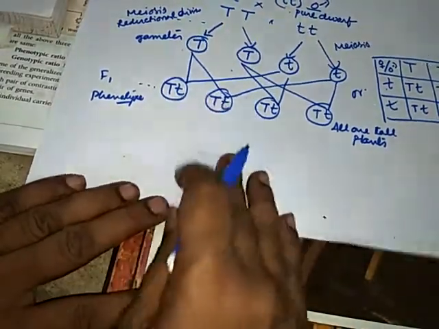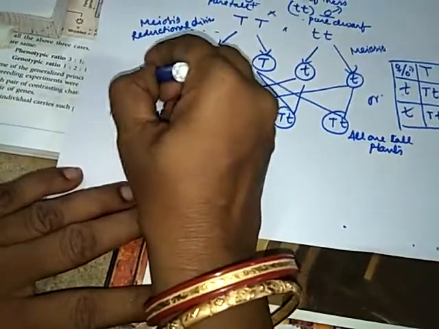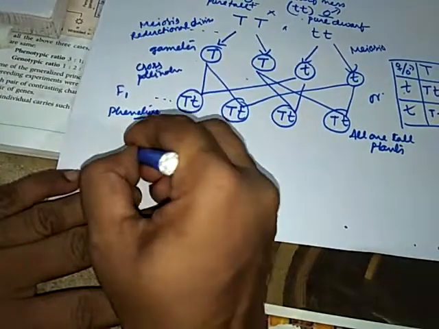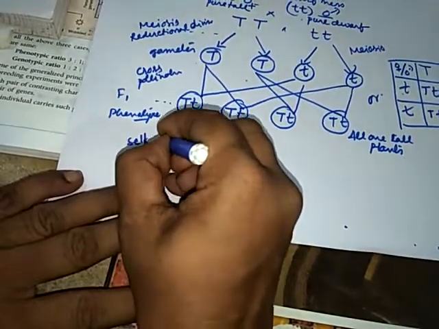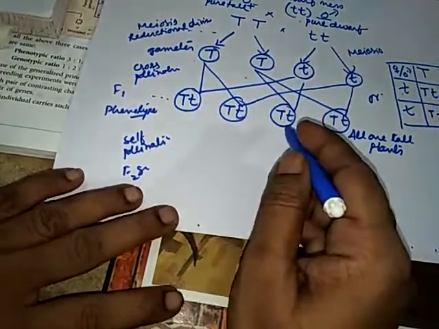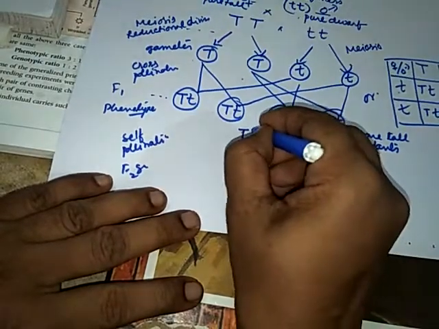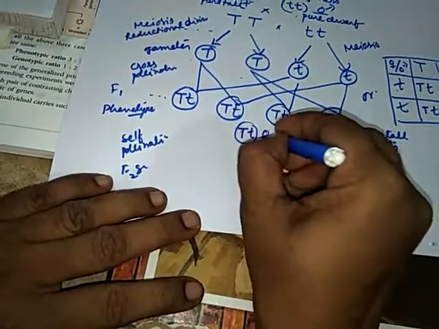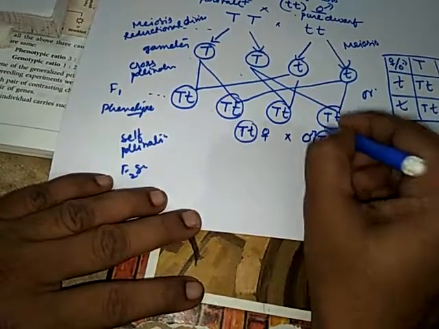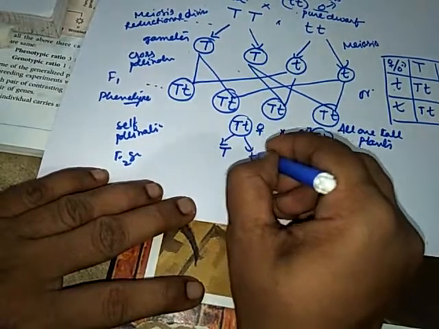Then this is the cross breed, the cross-pollination result, and we will allow self-pollination in this F2 generation. We can take any two of the breeds, one male and the other female, and again we will get the gametes.